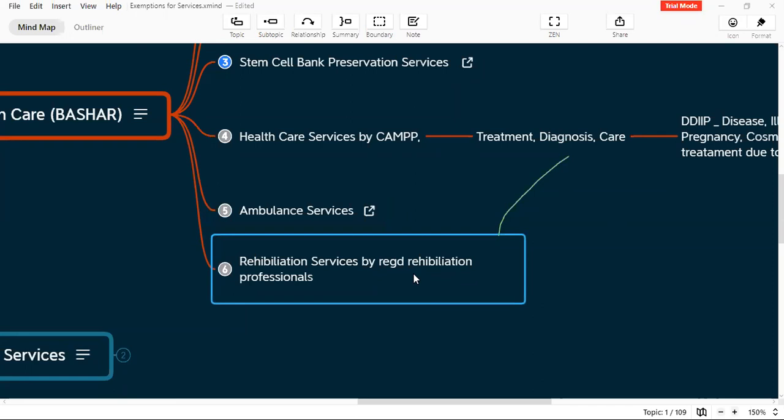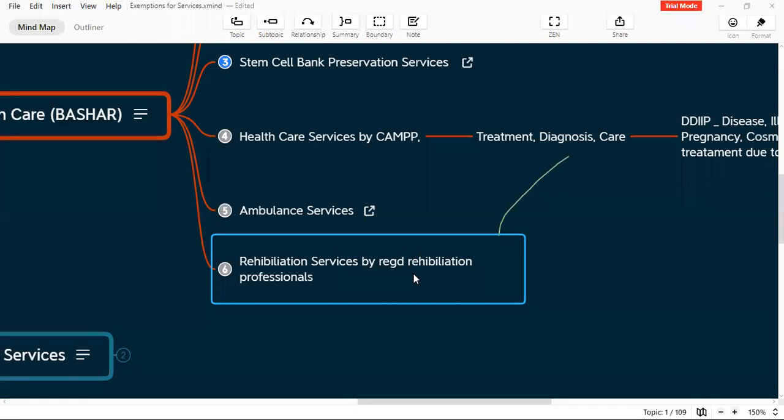So the government has given a new exemption for rehabilitation professionals. So basically somebody has gone through certain mental stress or trauma, and normally these guys will come in and advise on the counseling part, to make them come back to normal life. So these rehabilitation professionals are essentially part of so many locations.